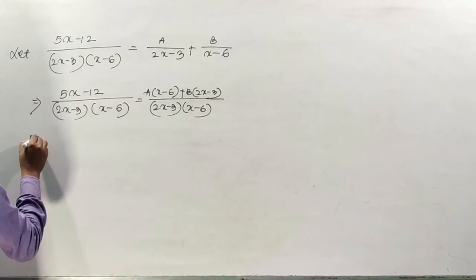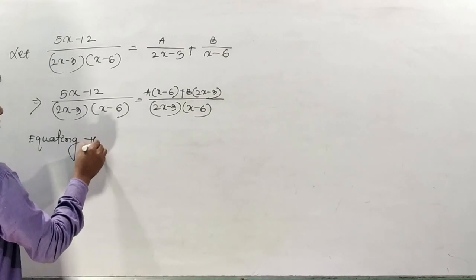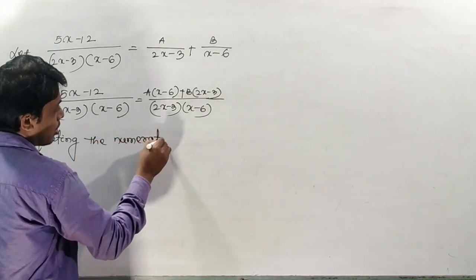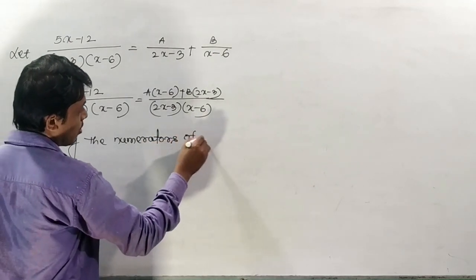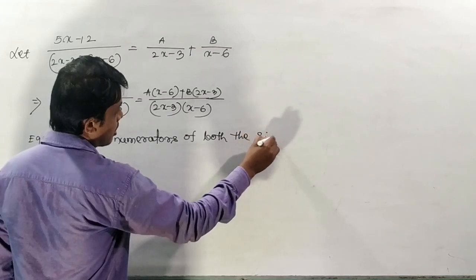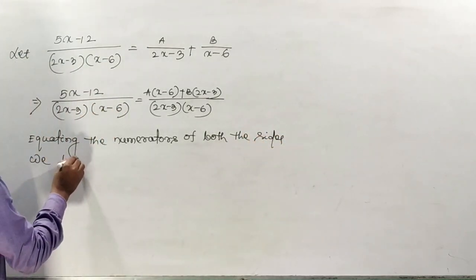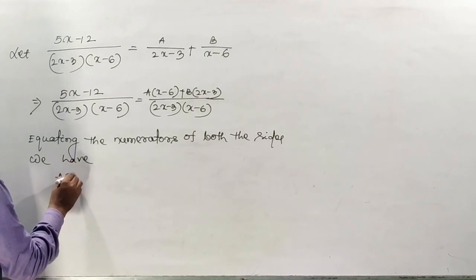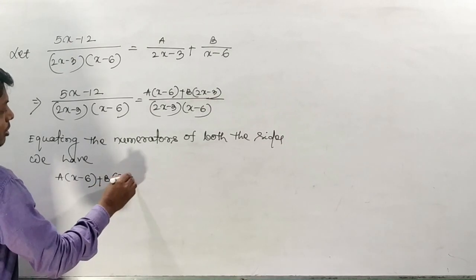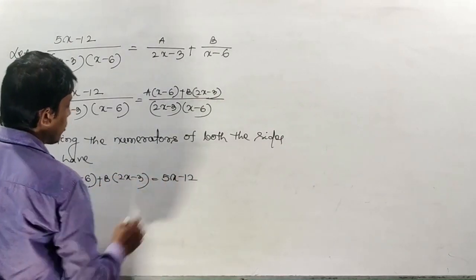Then, equating the numerators of both the sides, we have a into x minus 6 plus b into 2x minus 3 is your 5x minus 12.